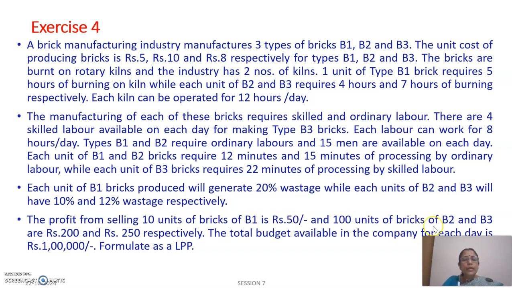And the profit from 100 units of bricks B2 and B3 are 200 rupees and 250 rupees. So the profit per unit of brick B2 is 200 by 100, which is rupees 2, and the profit of 100 bricks of B3 variety is rupees 250. Therefore, per unit of brick B3 will produce a profit of 250 by 100, which is rupees 2.5.